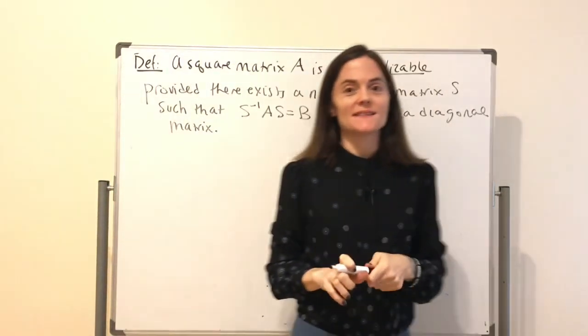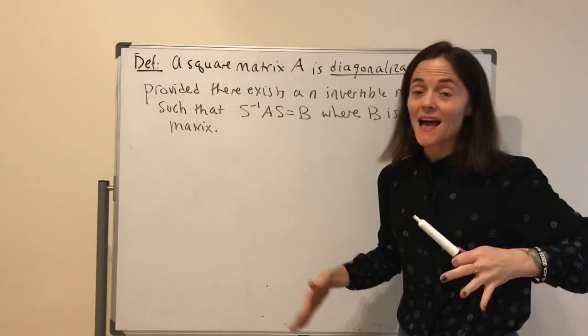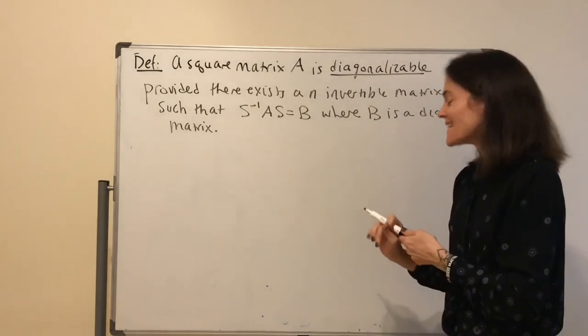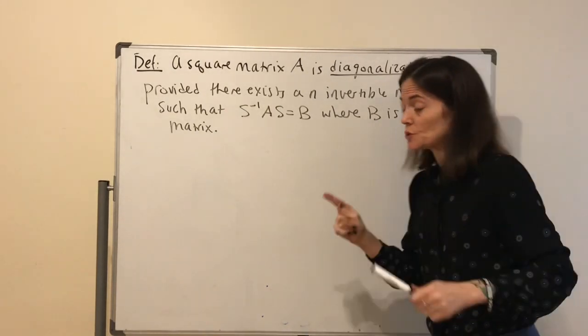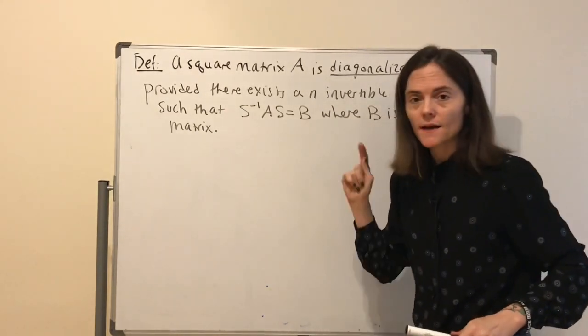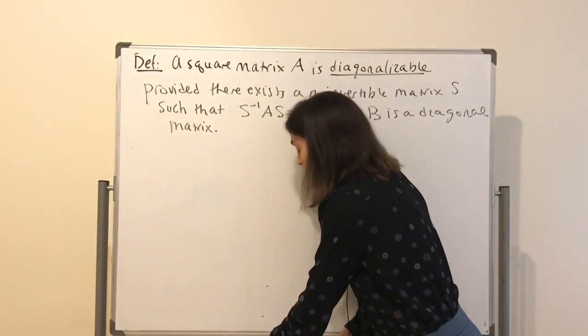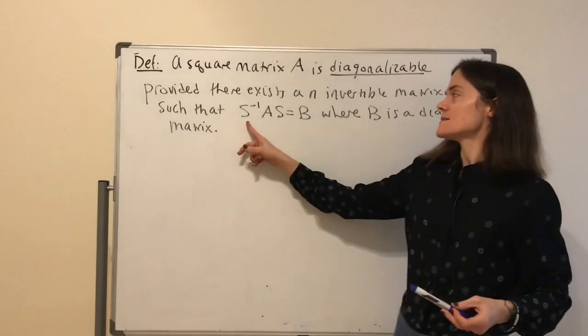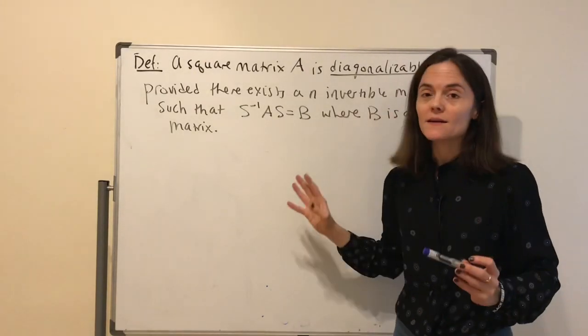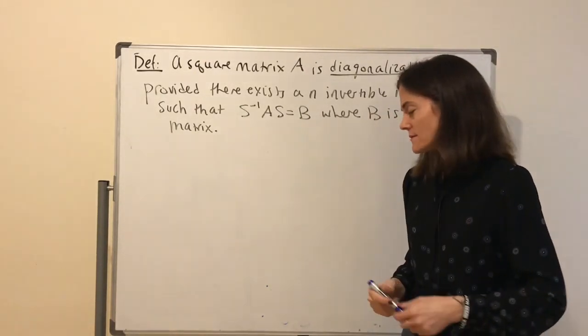Okay, this is what it means to be diagonalizable. And I will also say to diagonalize a matrix, this is now a verb, means you find the S and you find the B such that this holds.